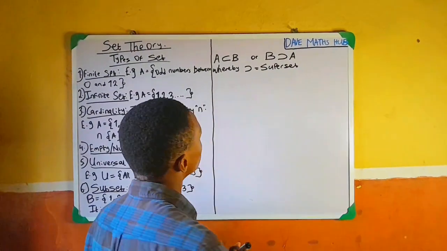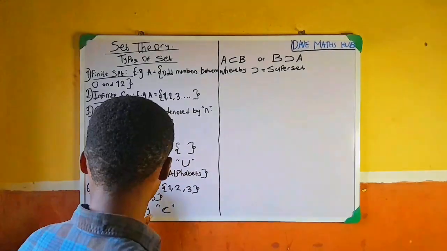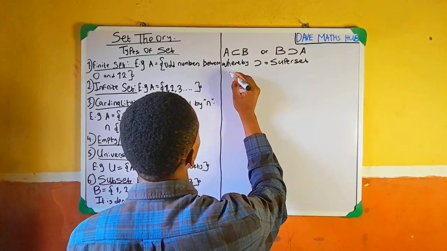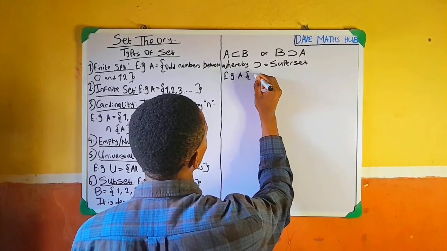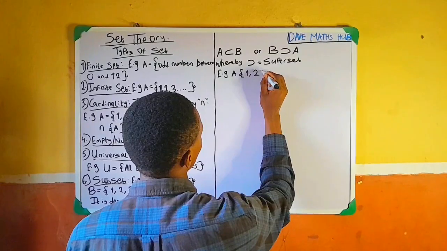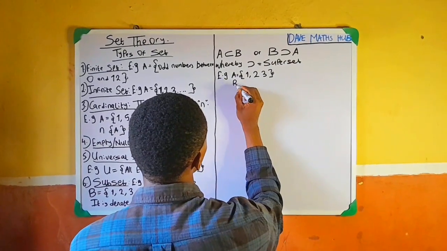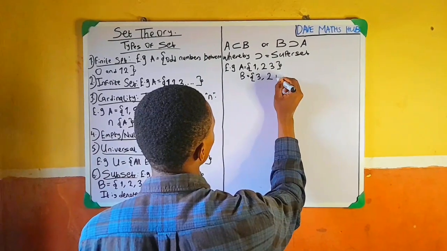So let's still under subsets. What if there are situations where A and B are equal? For example, A equals to 1, 2, 3. Then B equals to 3, 2, 1.